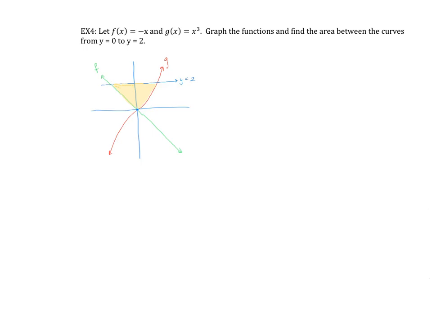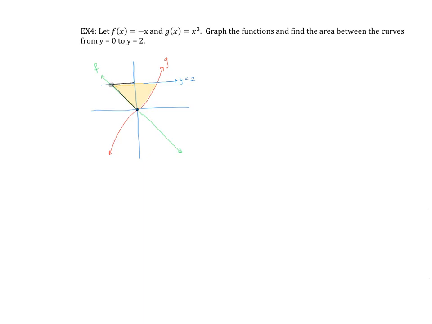Now, if I was going to find this area with respect to x, I would have to set up two integrals because the upper and the lower functions change. If I was integrating with respect to x, my upper function is going to be y equal to 2. My lower function is f until 0.